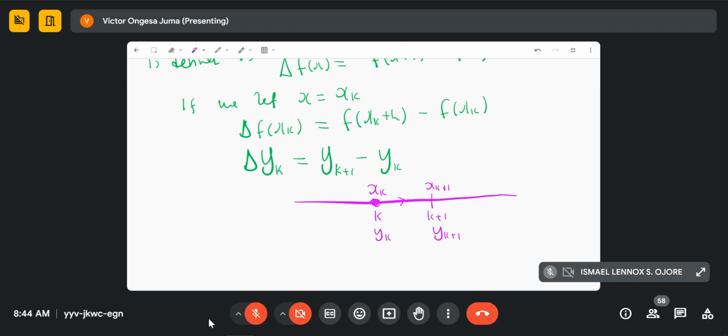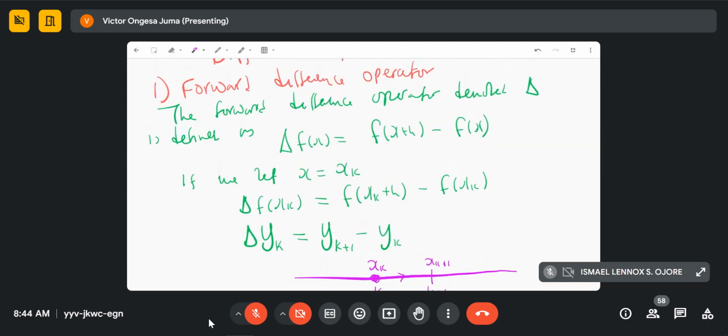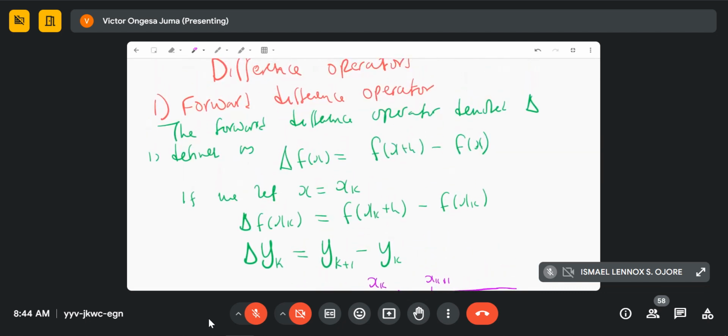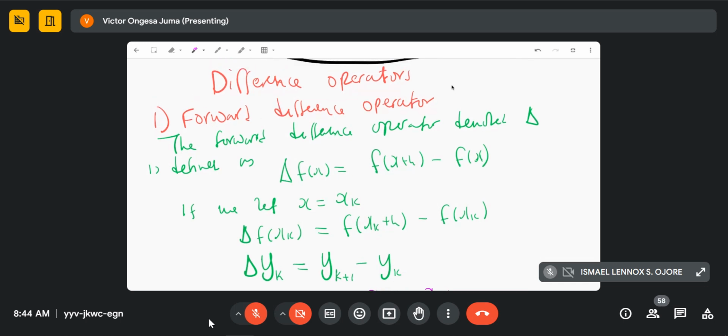And that's called the first forward difference operator, because you are doing this operation once. And in the same manner, we can define the second difference operator.